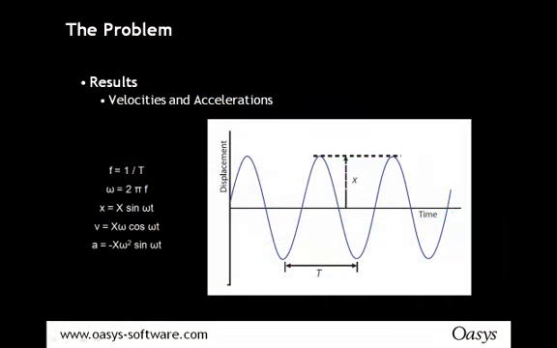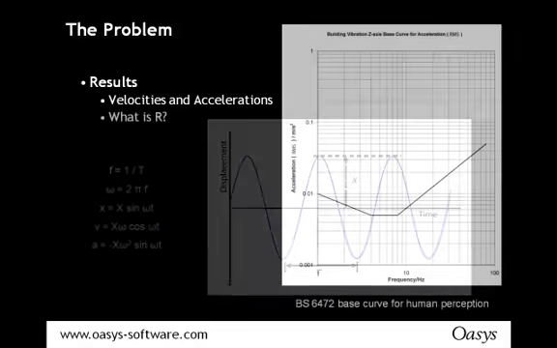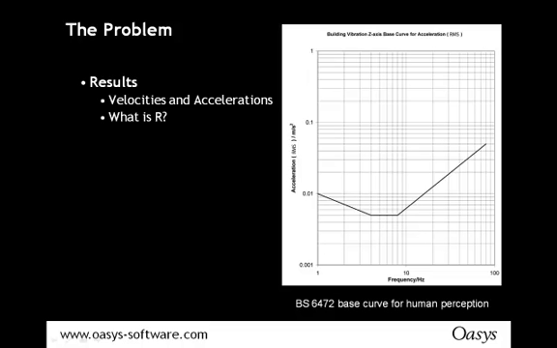So what we're getting out of it is velocities and accelerations. Accelerations is the main thing. Velocities come about as part and parcel of that, and design guides then need you to look at the end acceleration, whether it's percentage gravity or in relation to what they call the R value.